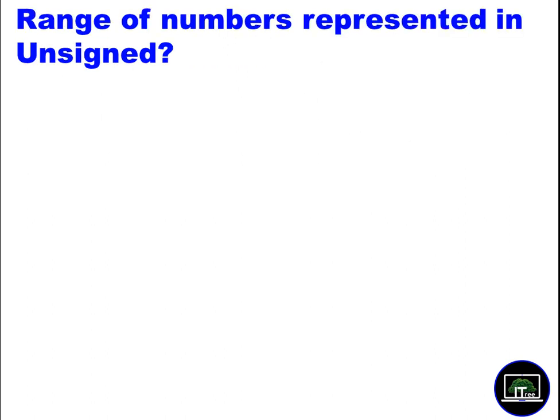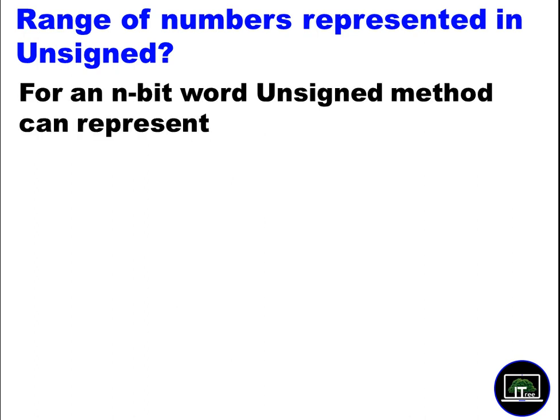If you look at these unsigned numbers, we want to know how many numbers we can represent. This is the formula we use for unsigned numbers. An n-bit word can represent from 0 to 2 to the power n minus 1.